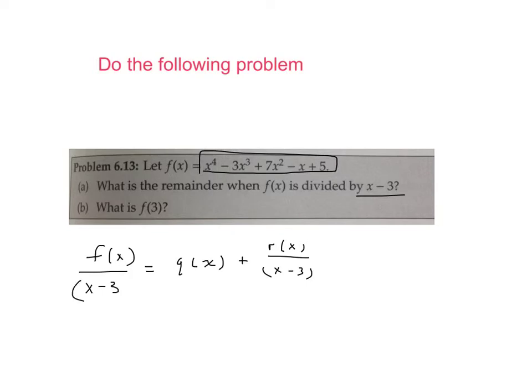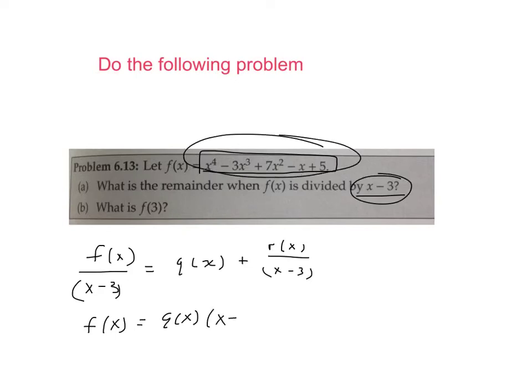And if I multiply both sides by x minus 3, I see the function equals the quotient, so whatever I get when I divide by x minus 3, times x minus 3, plus r of x.